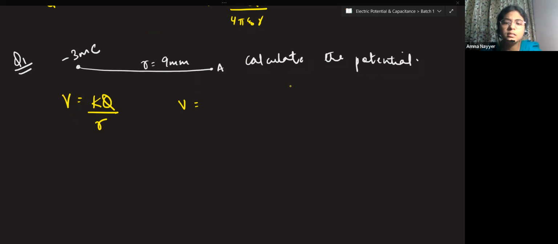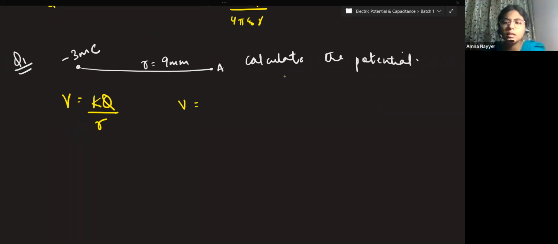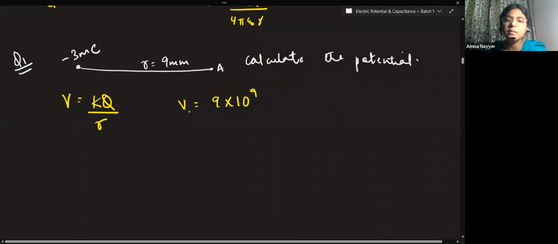Yes, Hania, what is the value of the constant? 9 into 10 raised to 9. There's nothing to think so much. The value of the constant is 9 into 10 to the power 9.